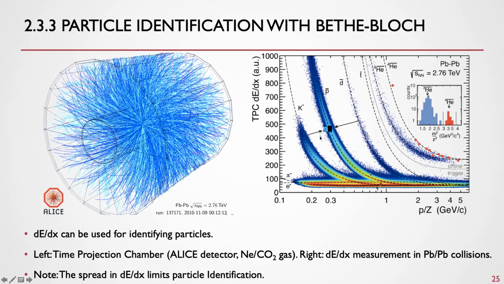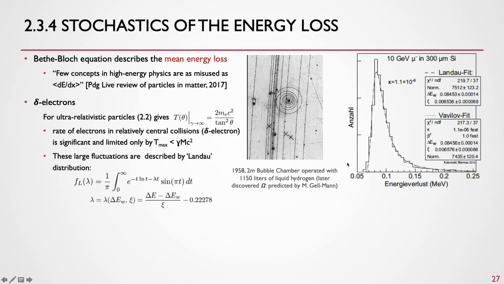So in principle, we would like to reduce this spread and to make a better measurement. But this is really limited, and the limitation is a core physics principle that limits much of detector signal generation, and that's what we discuss now.